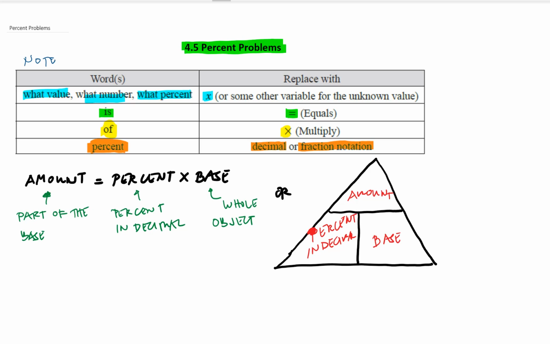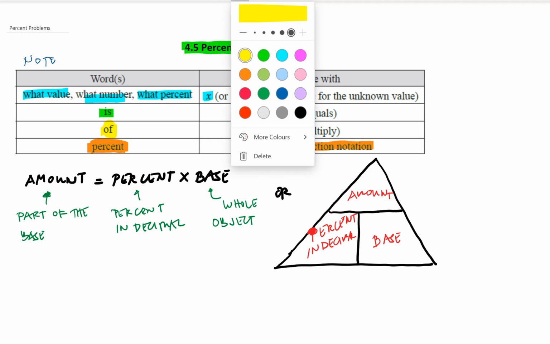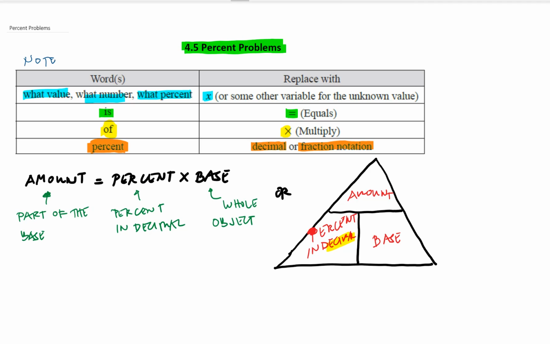So think of this as the compartment of whatever the value. If you know the amount, you place it on the top. If you know the base, you place it at the bottom right. If you know the percent, make sure that it is in decimal. And again, it should be percent in decimal.